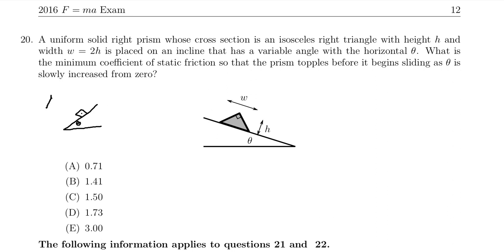I won't prove that in this video, but the coefficient of static friction mu is equal to the tangent of theta. So for a given theta, that will be the minimum you need for it to not slide.